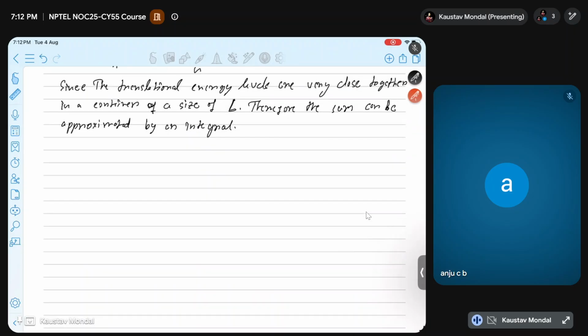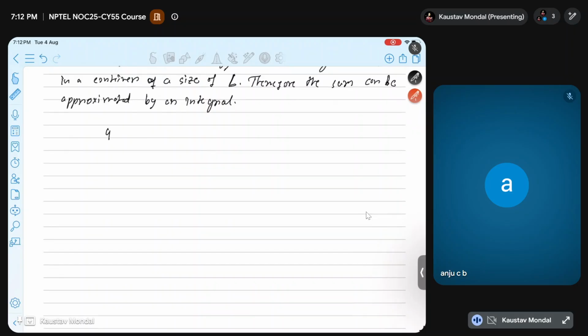So we can write this whole thing as an integration. So qx would be integration over 1 to infinite e to the power minus (n square minus 1) beta e into dn. Since n is very high compared to 1, we can approximate this as 0 to infinite e to the power minus n square beta e into dn.